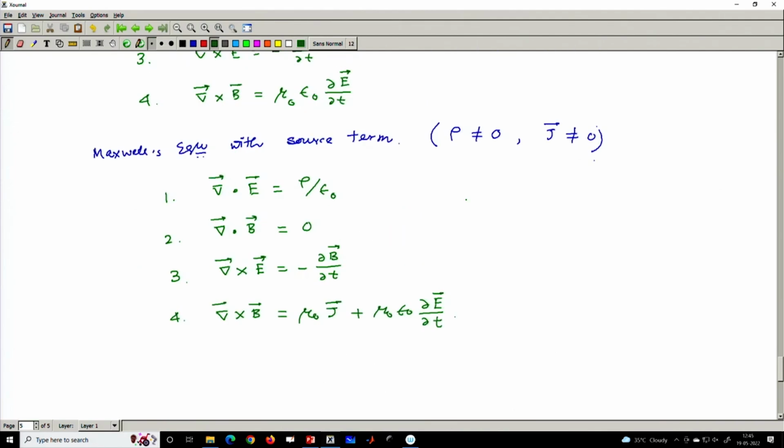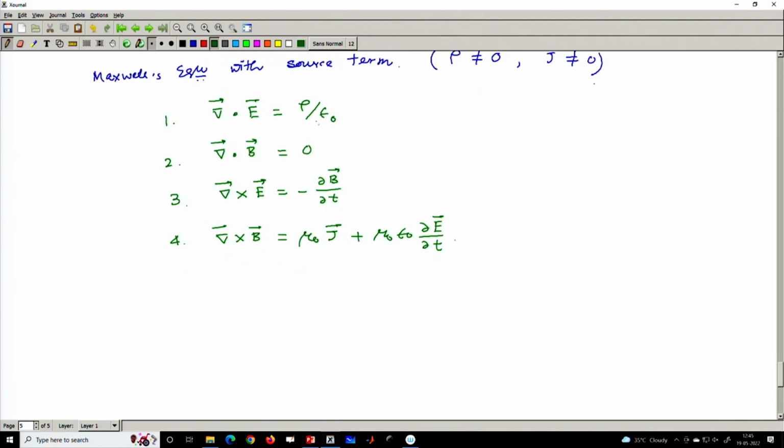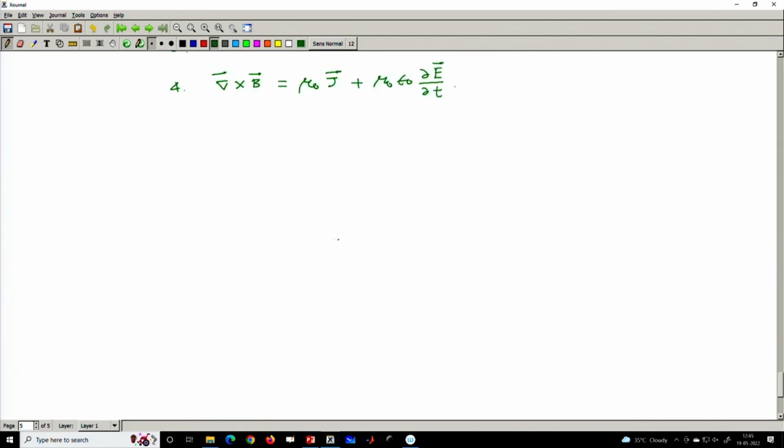This is the expression for Maxwell's equations with source term, but not in a medium. We need to introduce rho and j explicitly in a different way in the medium, which I would like to write here. Now, Maxwell's equations in matter: the form of the equations is slightly modified.